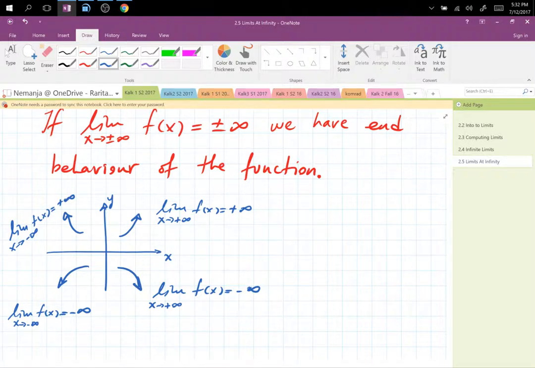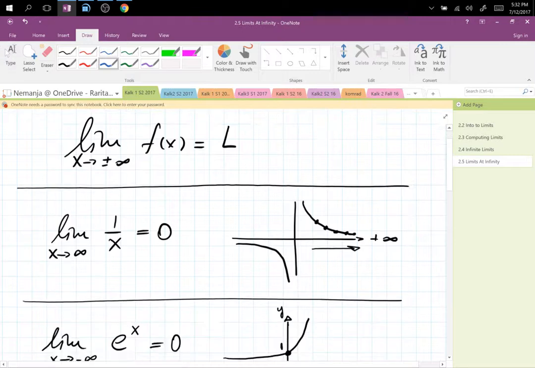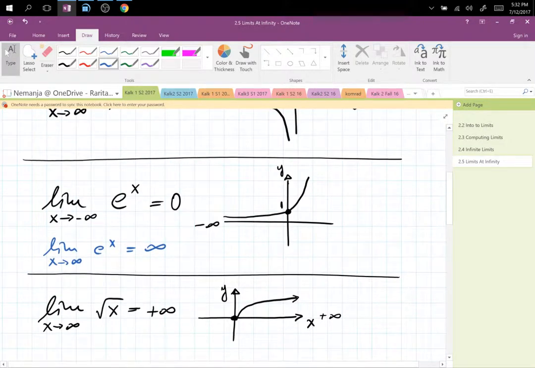Now you see both of these at work for the e to the x example I had before. Both of these definitions. As x went to negative infinity, I got a finite number, which says that there is a horizontal asymptote at that number, which was y equal to 0. All horizontal lines have an equation y equals a number.